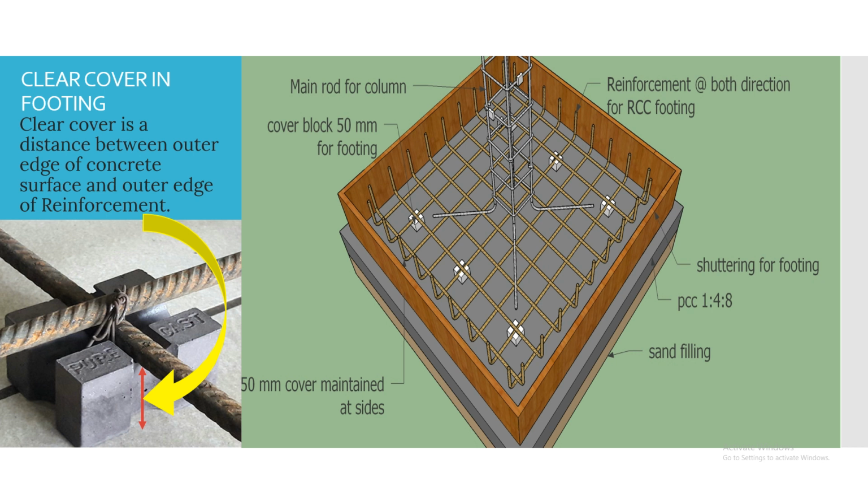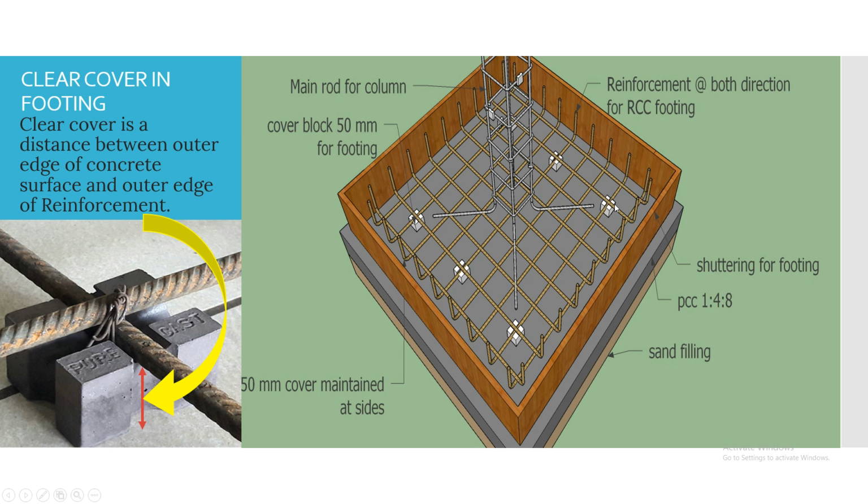Okay, and the first clear cover that we are discussing now is that of clear cover in a footing. You can see on your screen how the clear cover is actually provided on site to the footing. Whatever this portion is, it is called the reinforcement mesh, and below that cover is provided.